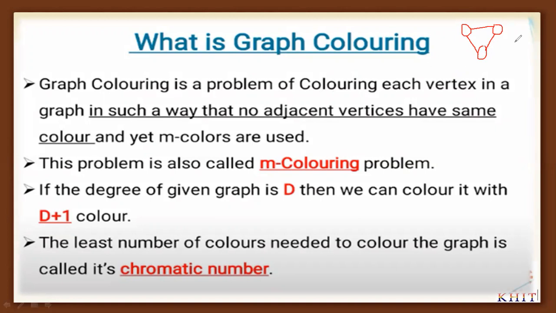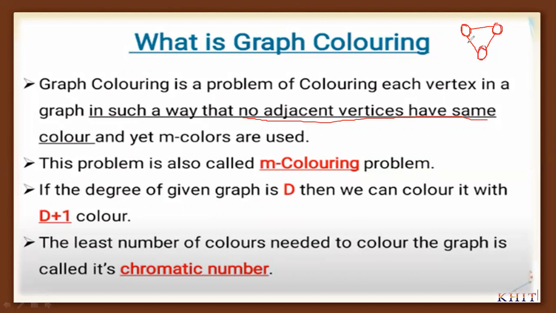We need to color all three vertices in such a way that no adjacent vertices have the same color. So this is a vertex, and this is its adjacent vertex, and this is another adjacent vertex, which is also adjacent to this one.